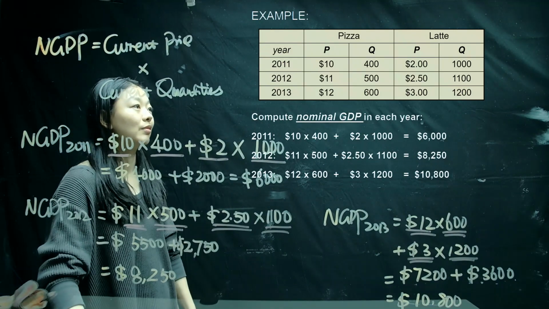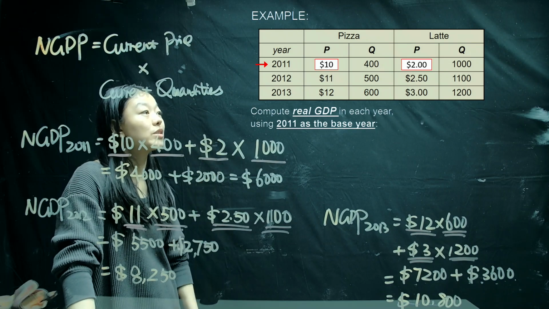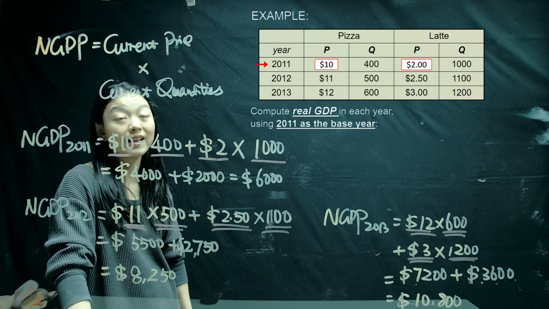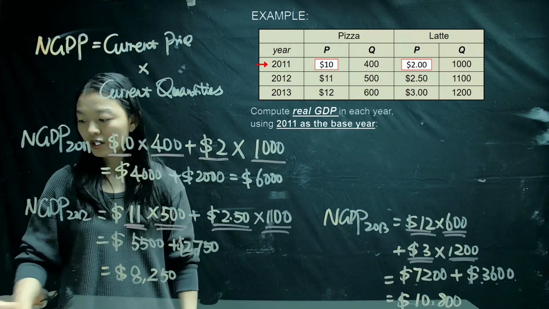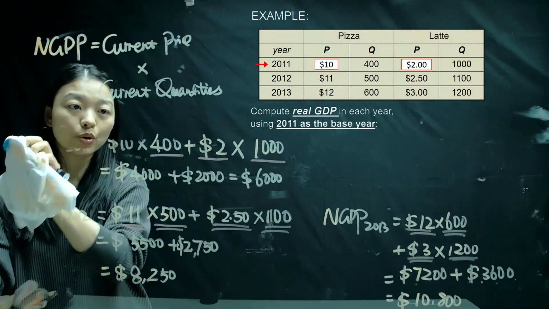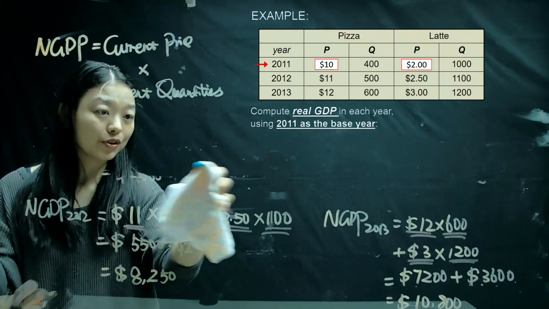Now let's see. Please compute the real GDP in each year by taking 2011 as the base year. In this question, it already tells you how to compute the real GDP because it gave you the base year.